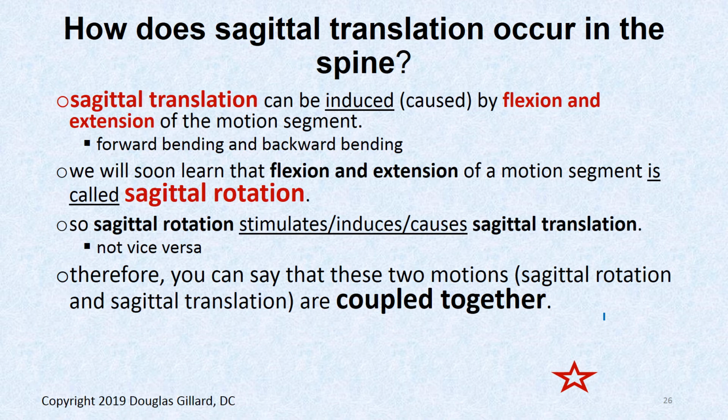In biomechanical speak, there's a sagittal translational force imparted on the motion segment when you sagittally rotate forward and sagittally rotate backwards. Got that? Understand that? So these two forces, sagittal translation and sagittal rotation, are coupled forces. One force invokes the other, or it tries to invoke the other.